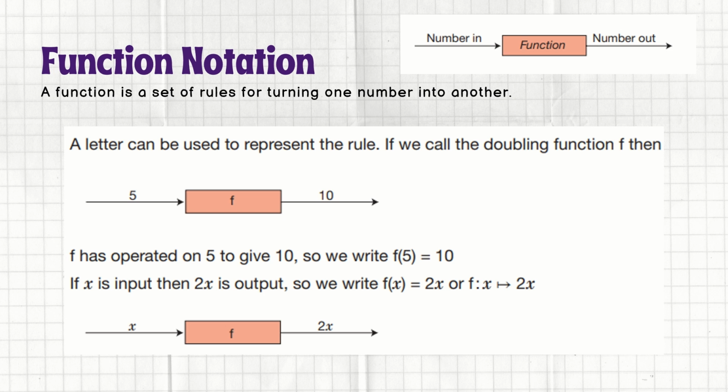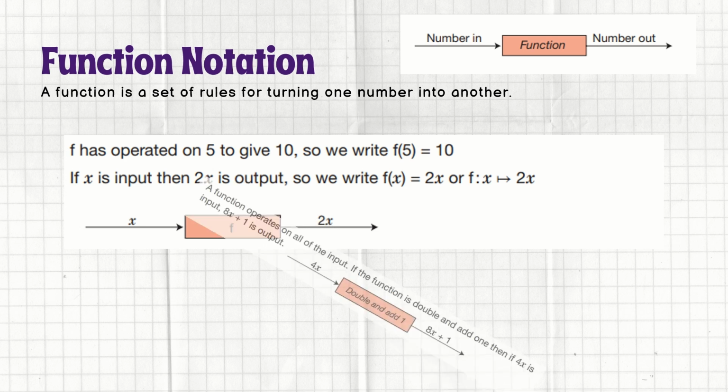So we write f(x) = 2x, or we can use this notation. Okay, so in the graphic, you can see that if we put in x, f will produce 2x.